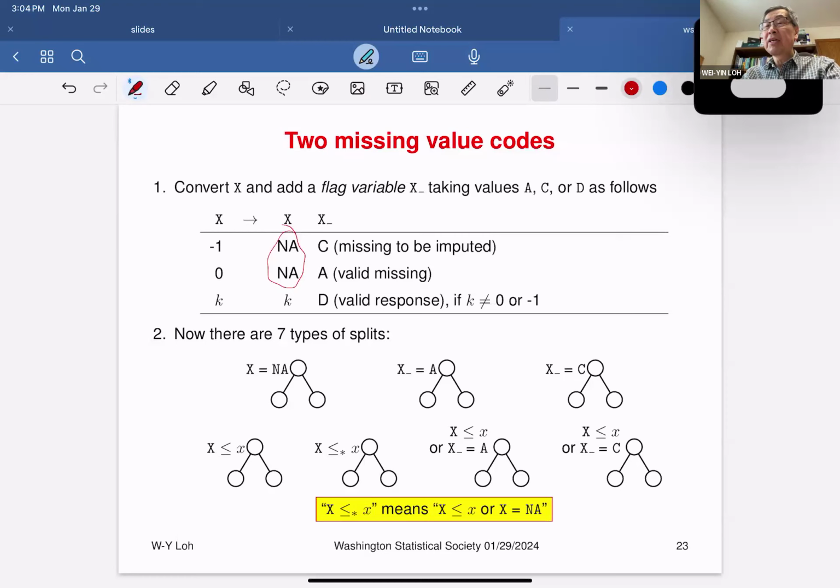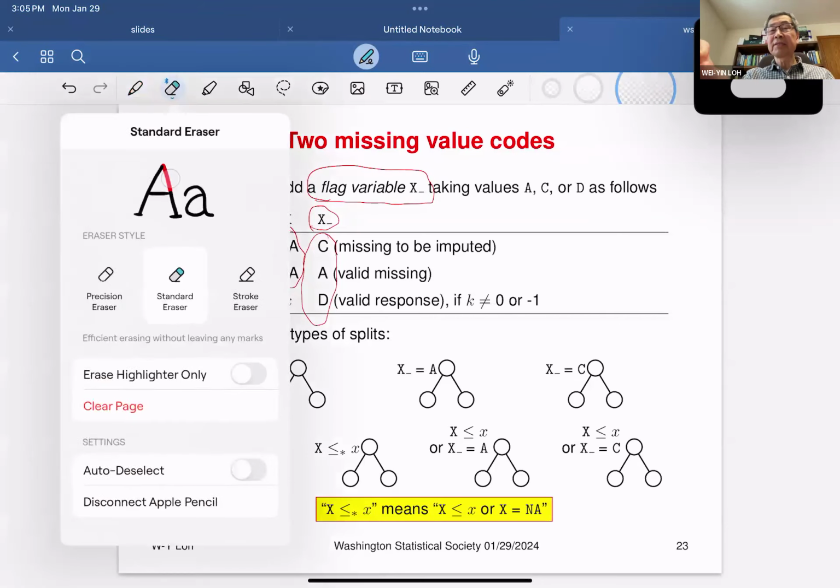But then they have a missing value flag variable, which they conveniently name with an underscore next to the name, and it's a letter, right? The letter is C if it's a missing value that we need to impute, like somebody refuses to answer or somebody does not remember. This missing value flag will be an A if it's validly missing, like age of spouse when there is no spouse. And then it's a letter D if it's a valid response. That means it's correct and it's an observation, right?